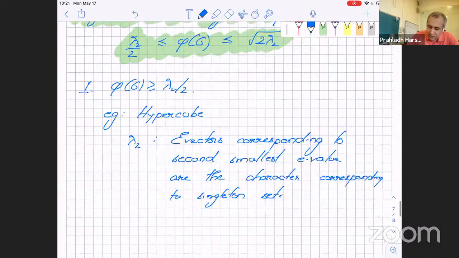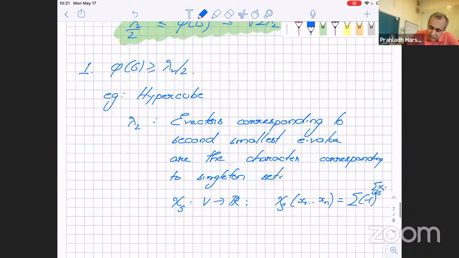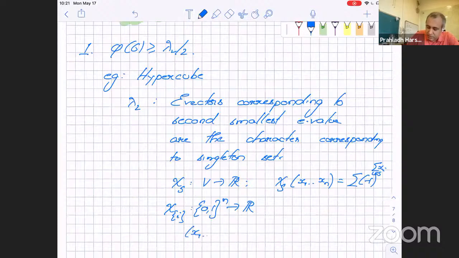There are these characters. A character corresponding to a set S is a function chi S from V to R that maps x1, x2, ..., xn to minus 1 to the power summation of xi over i in S. The singleton characters are exactly chi of just i, which maps x1, x2, ..., xn to just minus 1 to the power xi.